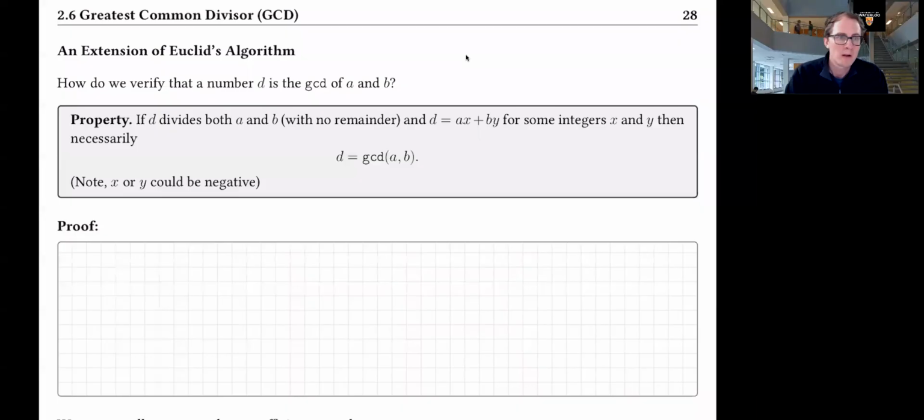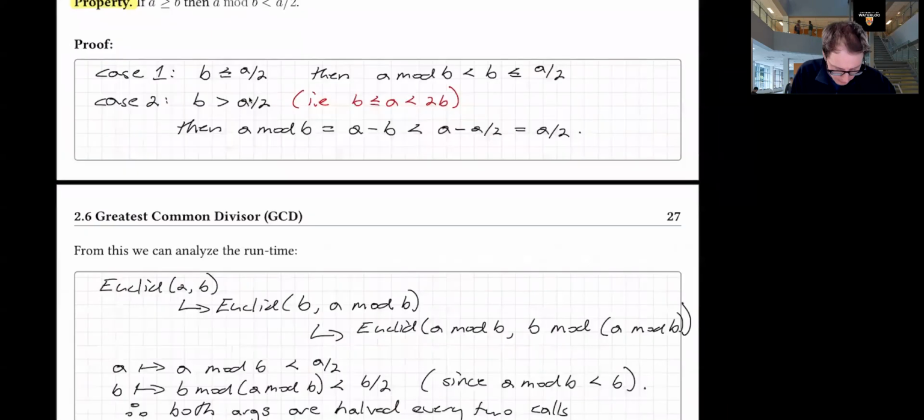Hi, everyone. Okay, so in this lecture, we're going to give an extension of extended Euclid, and then we're going to also look at modular division. So the question to motivate an extension of Euclid's algorithm is, how do we verify that a number D is the greatest common divisor of A and B?